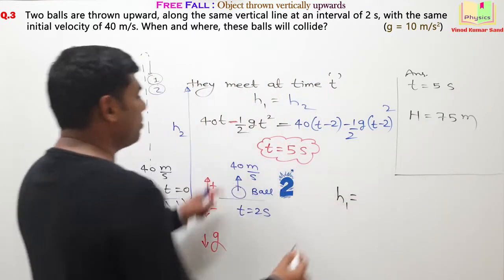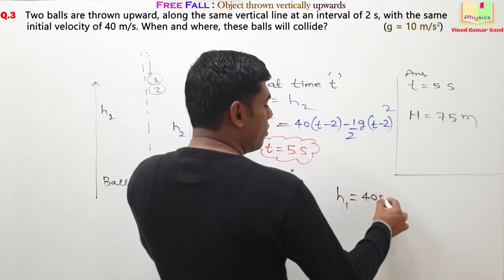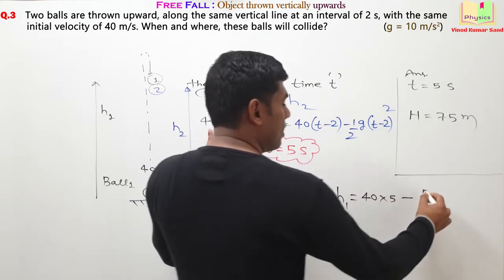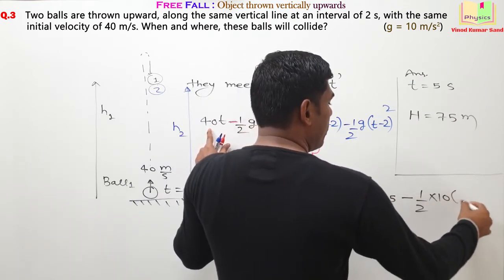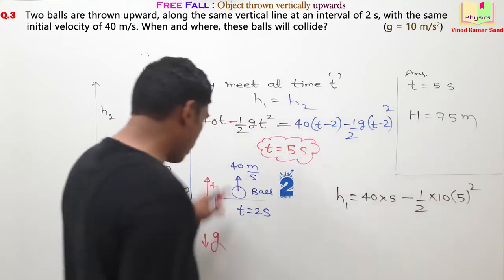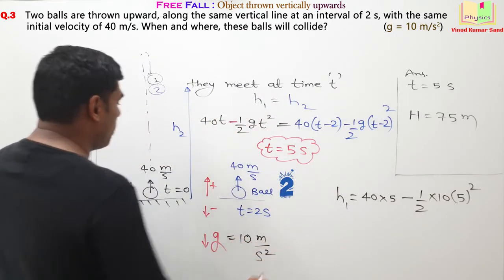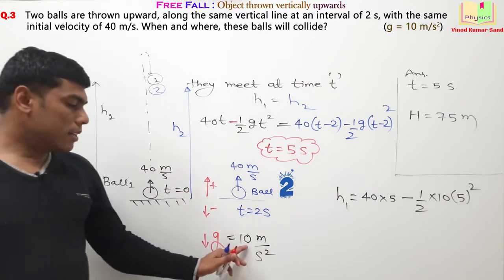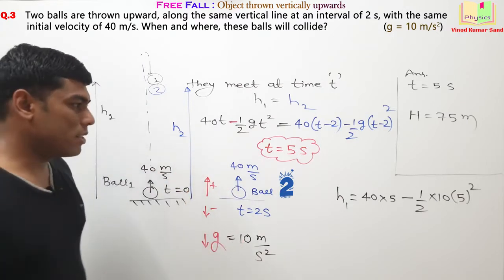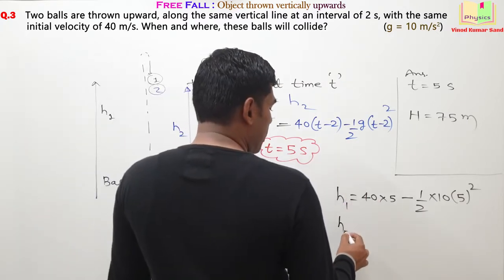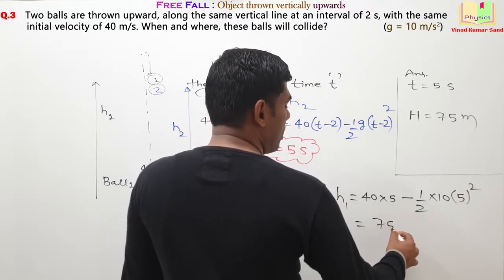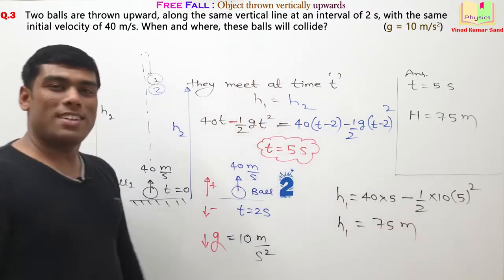The h1 will be equal to 40 into 5 minus half into 10 into 5 square. For calculation purpose, I am taking g equal to 10 meter per second square because looking at these numbers, the value of 10 will give us the easy answers. Computing it, h1 comes out to be 75 meter.